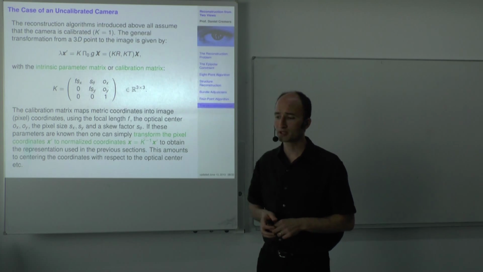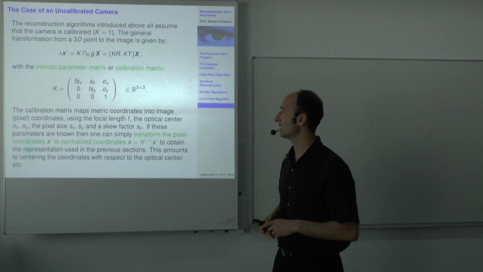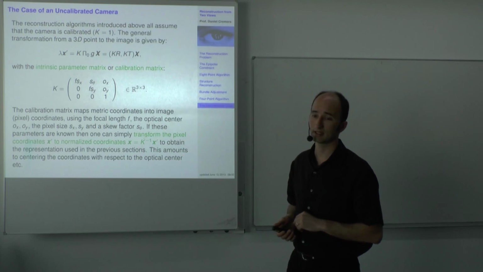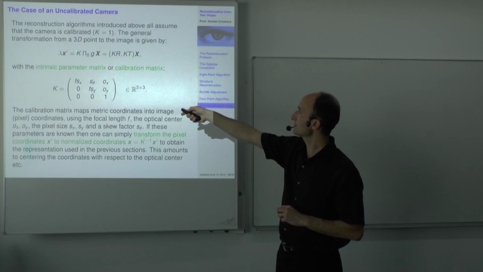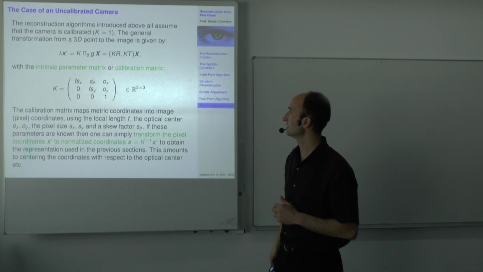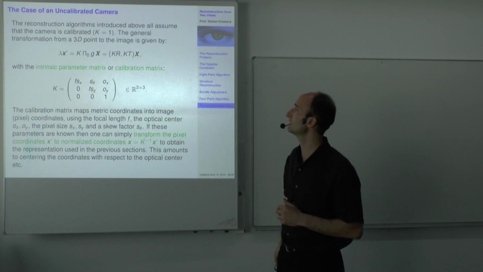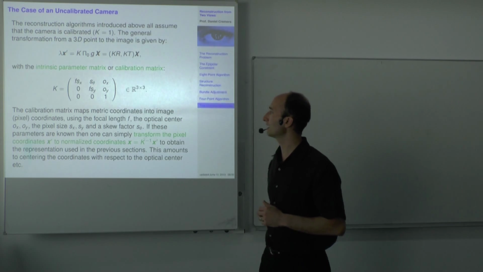And I'm not going to spend that much time on it in this class, but I did want to point out how this works on just 2 or 3 slides. So the idea is that we have this intrinsic matrix that we typically ignored in the past, K. In the last couple of lectures, we ignored that matrix K, and the fact that we have coordinates which we call x prime.